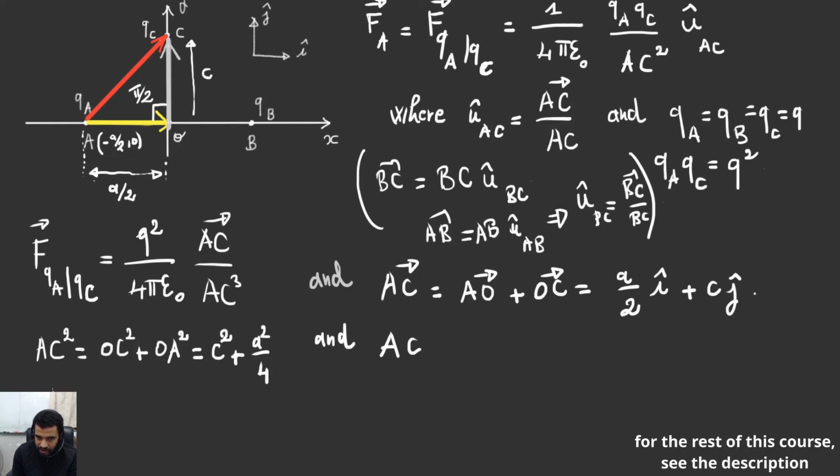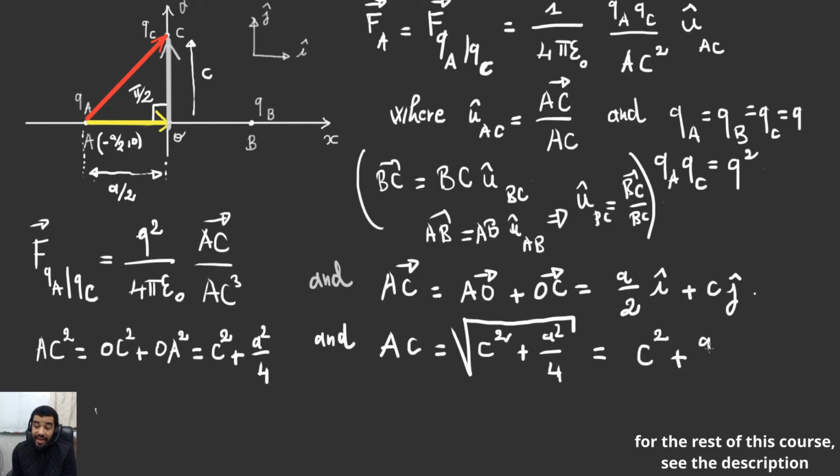So AC is the square root of that, which equals c squared plus a squared over 4, all to the power 1 over 2.